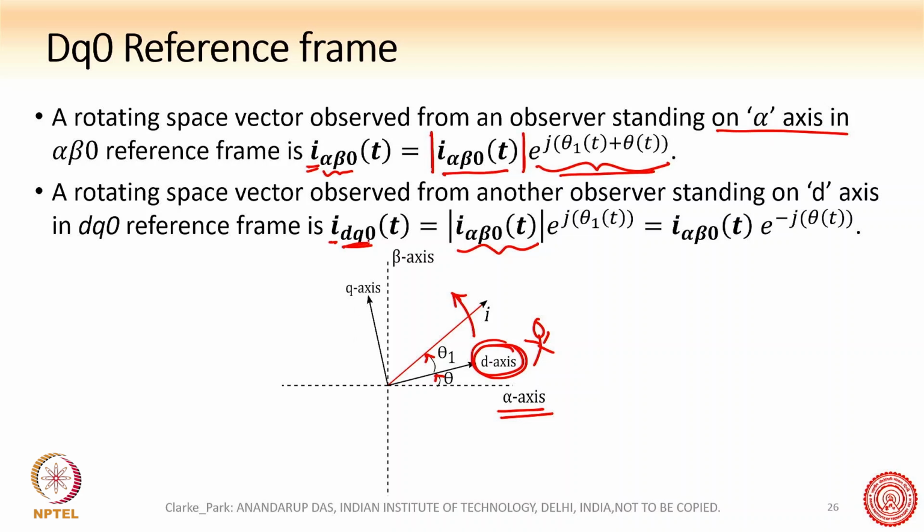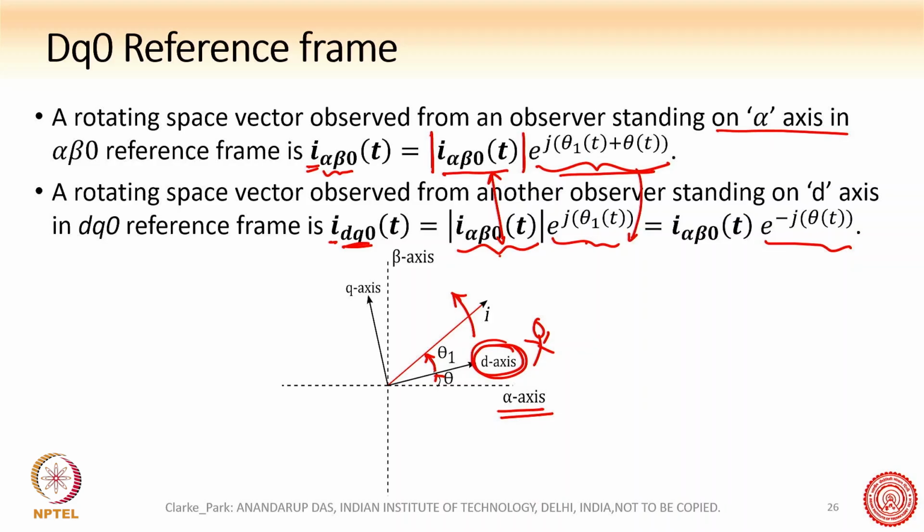So I dq0 has the same magnitude as before, but now you will have this angle, because you have this theta 1 angle there. So I can substitute e to the power j theta and write it like this, because from here it will come.